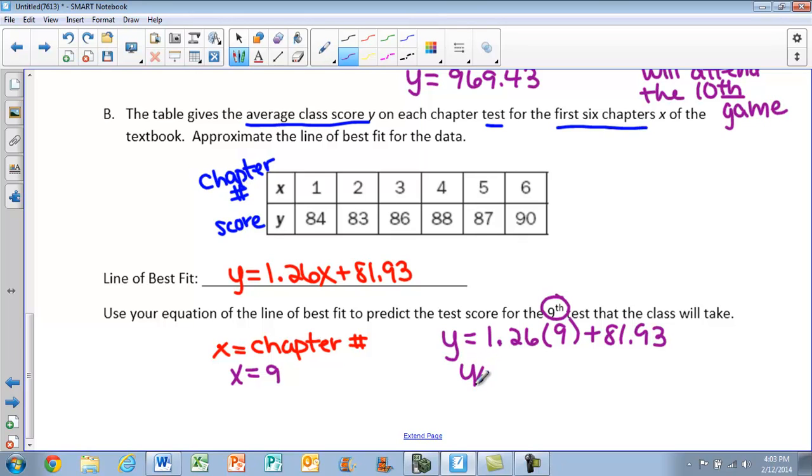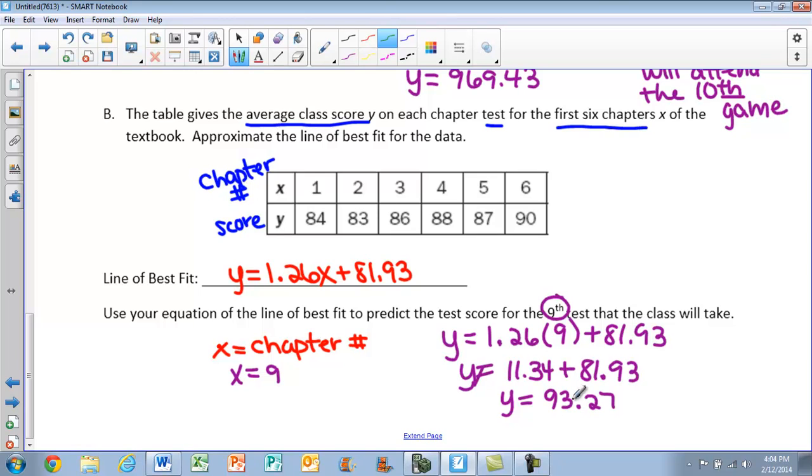So we have y equals, and when we get this, we have 11.34. That's 1.26 times 9, plus 81.93. And when we simplify one more time, we get y equals 93.27. Now, we're trying to predict the test score for the 9th test, the class average.